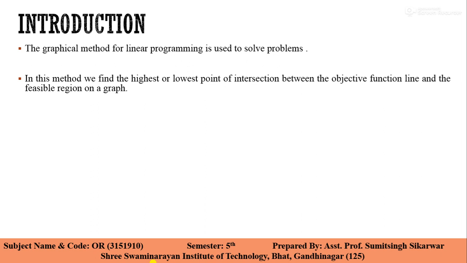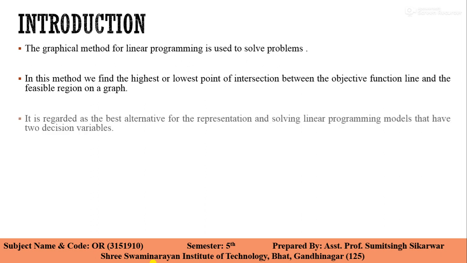That means we are getting the points of intersection and noting them down. It is regarded as the best alternative for the representation of and solving linear programming models that have two variables. That means if there are two variables, then graphical method is best suited for those problems.